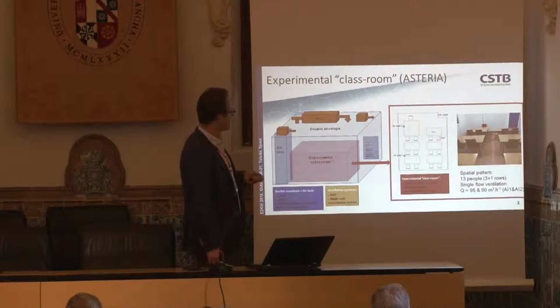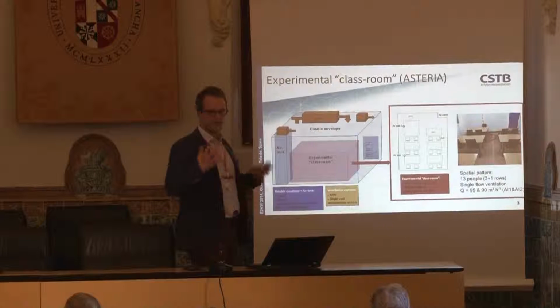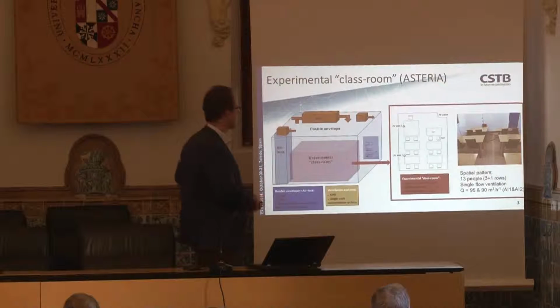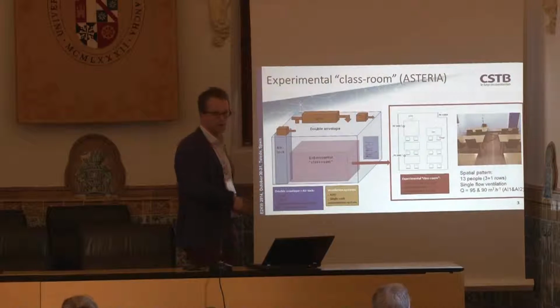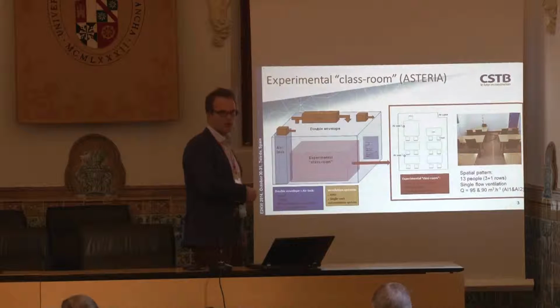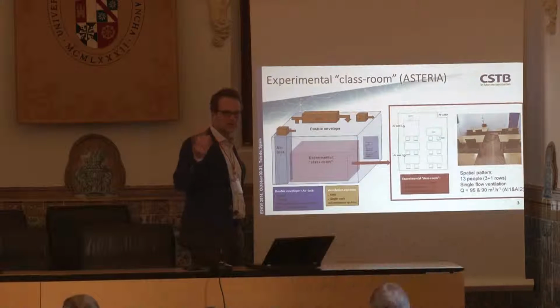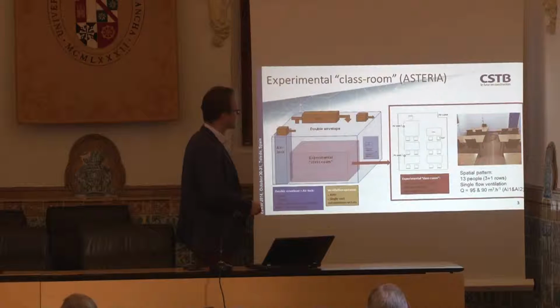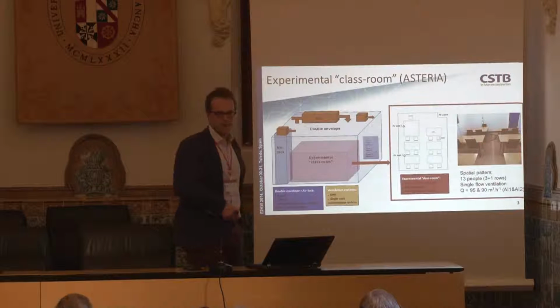We use this volume to reorganize the furniture into a classroom. The idea here is to characterize the air inflow and outflow, but also the airflow velocity within the room, and then to experiment at this scale, what we call the real scale, the dispersion of droplets.